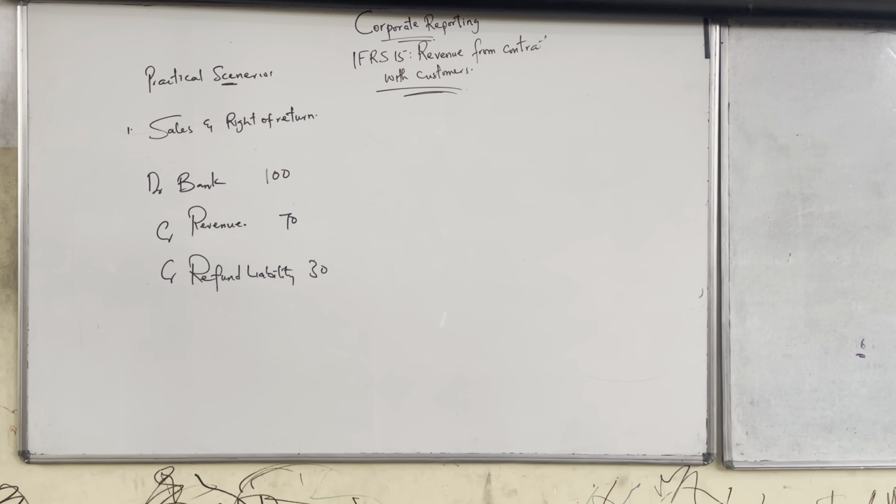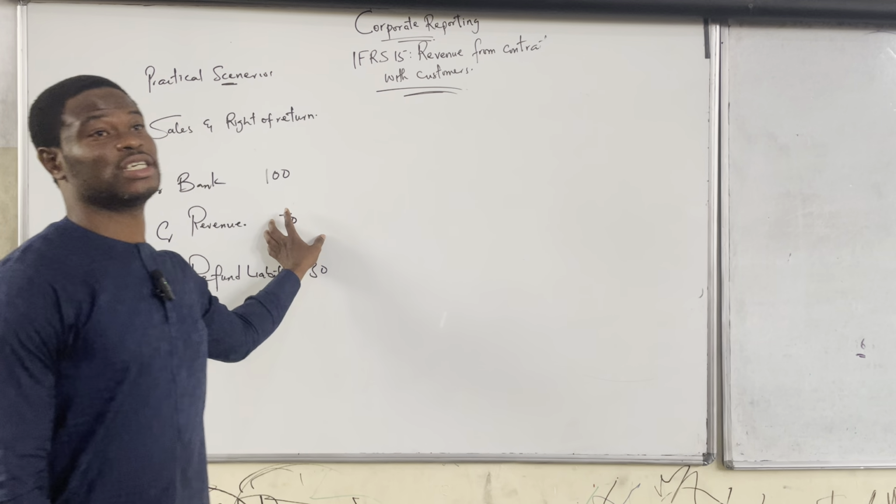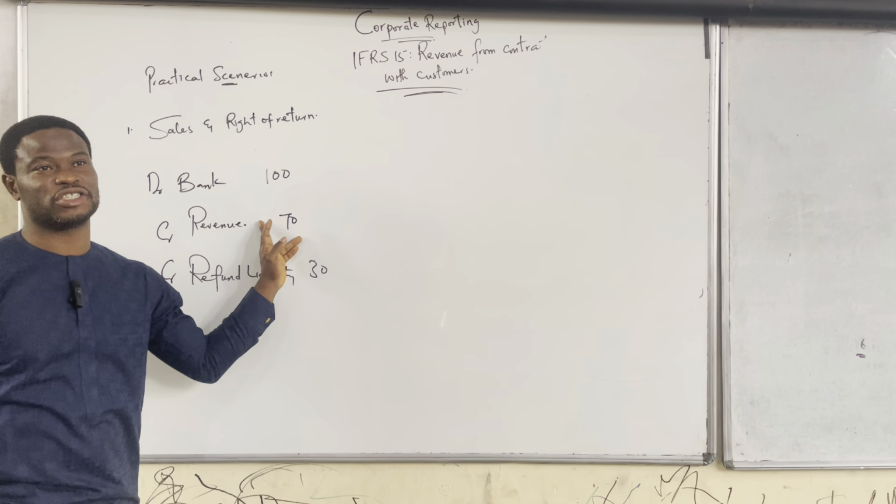So in situations like that, how do we account for that? So what she's saying is that if you can return everything, that means you will not recognize anything as revenue.